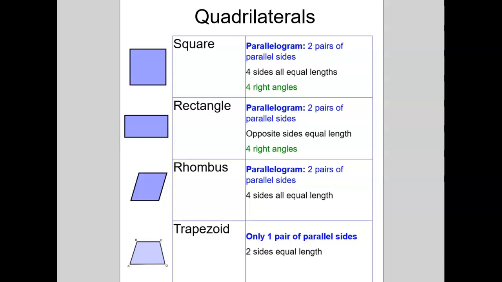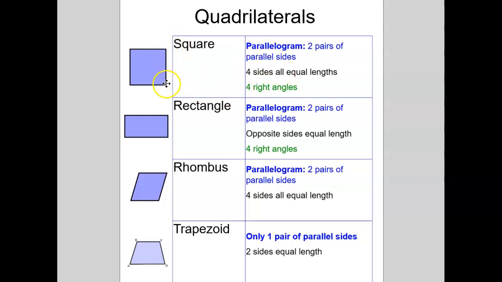You're right, because it has four sides. A square is also a parallelogram because it has two pairs of parallel sides. Look, does this side have a parallel side that's the same direction? Yes. And these two sides are parallel as well. To be a square, a quadrilateral has to have four sides that are all equal length.